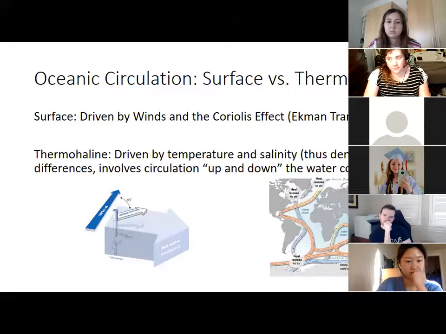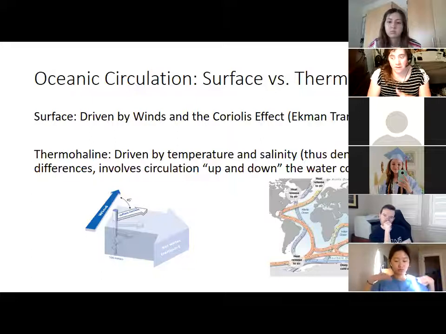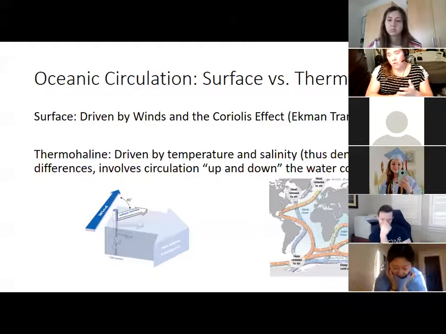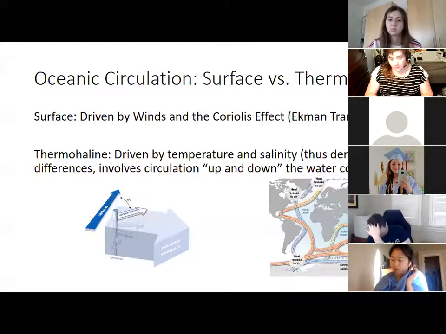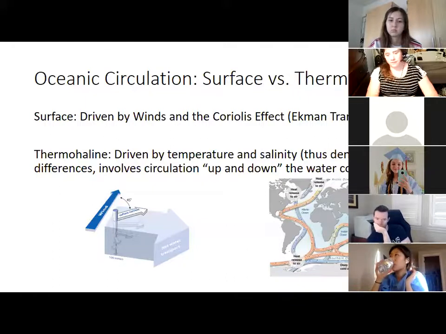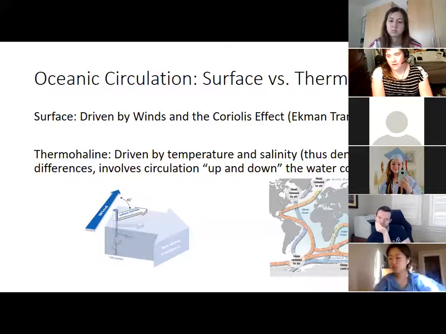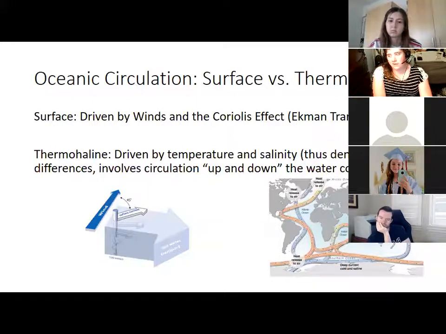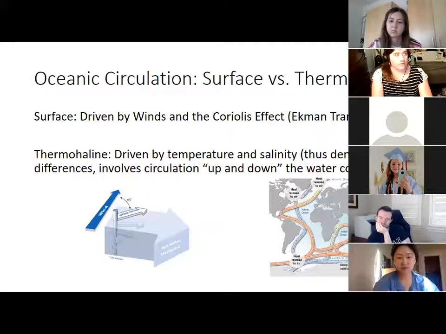You don't need to memorize this diagram, by the way. I stick that in there because it gives you a big picture of how water overall moves throughout the world. Thermohaline circulation ends up being much more of a big picture situation than surface circulation.